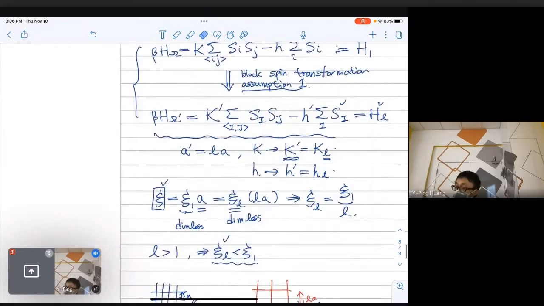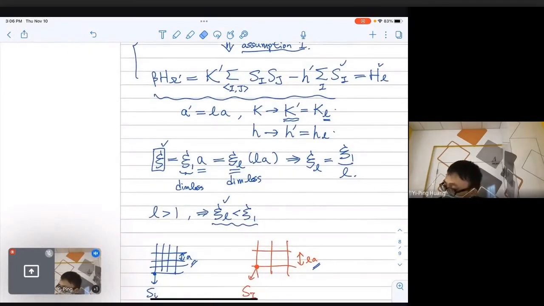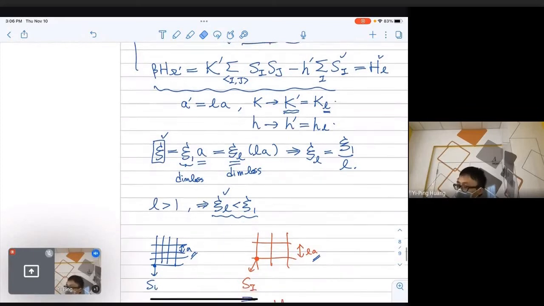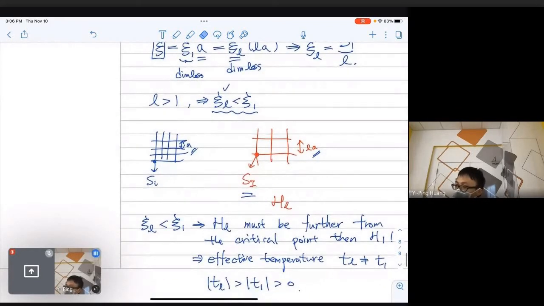Okay, and from the analysis that we are trying to build here, when you are doing the scaling transformation, it tells us that after you do this block spin transformation, the corresponding correlation length, CL, will actually be smaller than C1, which is the original correlation length measured by the lattice constant A. So you get a conclusion that if I apply how to calculate the correlation length in this coarse-grained model, the correlation length is going to be smaller than the correlation length of the original spin model.